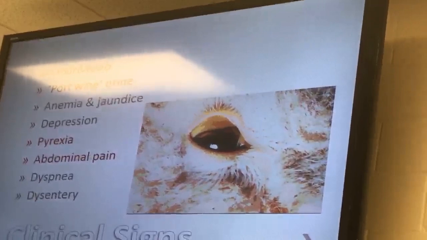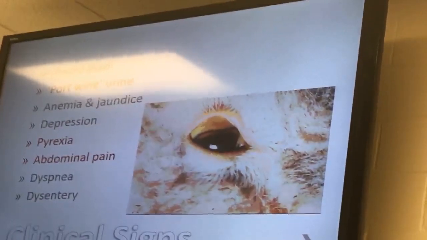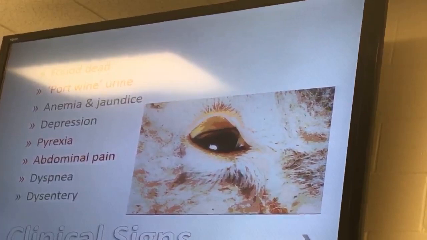They're pyrexic. They can get a temp as high as 107. They have difficulty breathing. Why would they have difficulty breathing? Lack of oxygen due to the severe anemia. Or these guys can have dysentery. It's a high mortality.